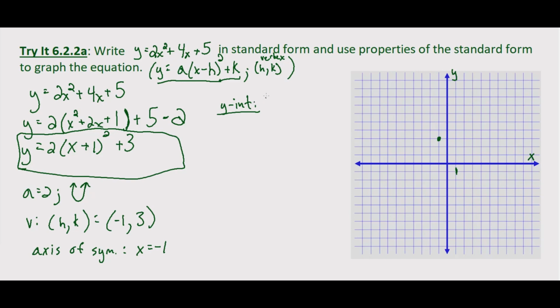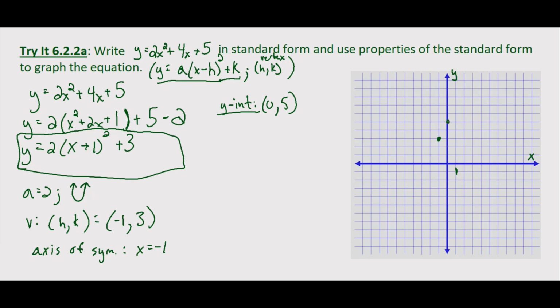So the y-intercept is going to be (0, 5). And if we use the standard form with that horizontal shift in there, if we substitute 0, 0 plus 1 is 1, squared is 1, times 2 is 2, plus 3 is 5, so we end up with the same y-intercept of (0, 5). So 1, 2, 3, 4, 5.